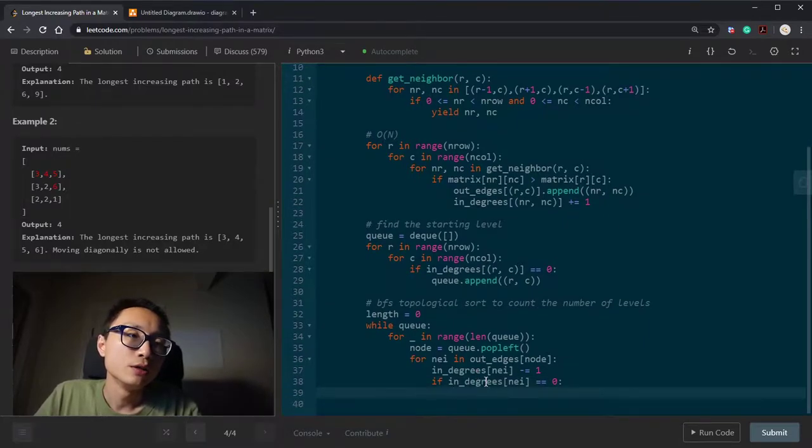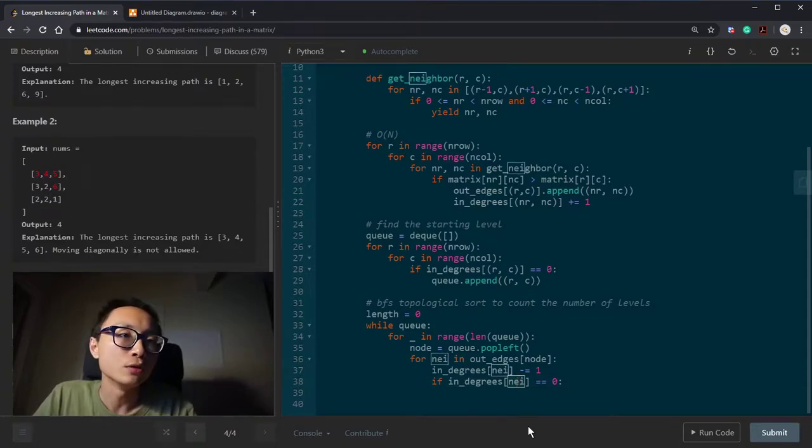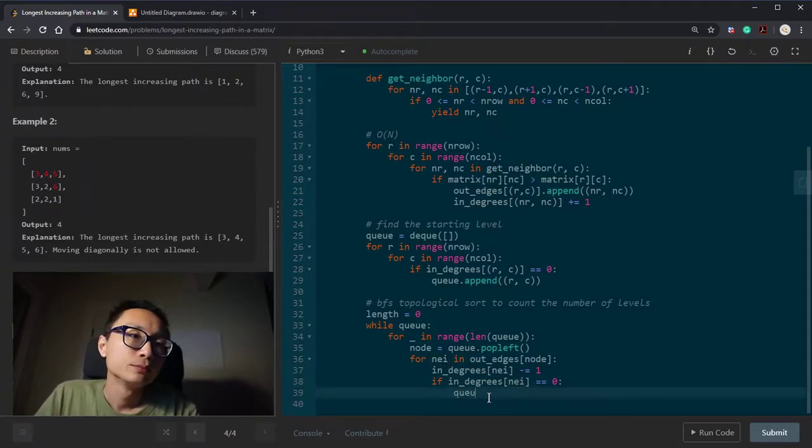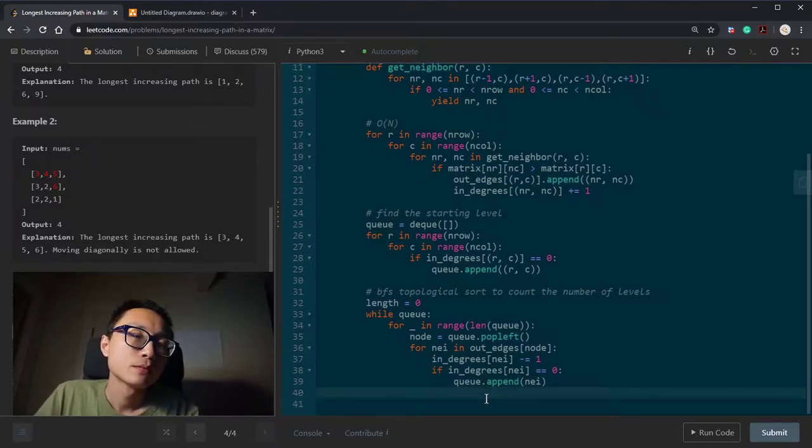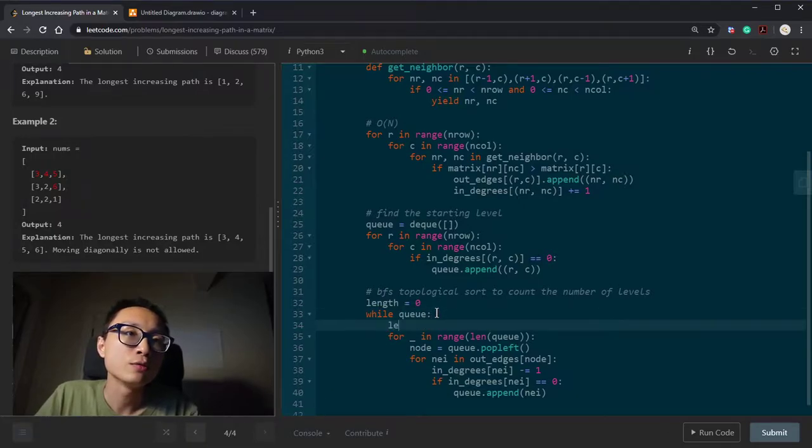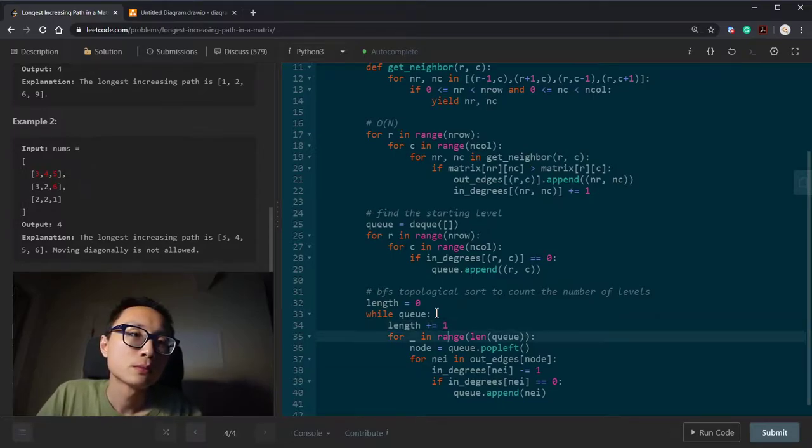If the in degree decreased to 0, that means we have explored all the nodes that are one level prior to that. This is the time that we can actually put this onto the queue. And after we've done this, or actually before this, we can increment the length. So in the end, we can return the length.